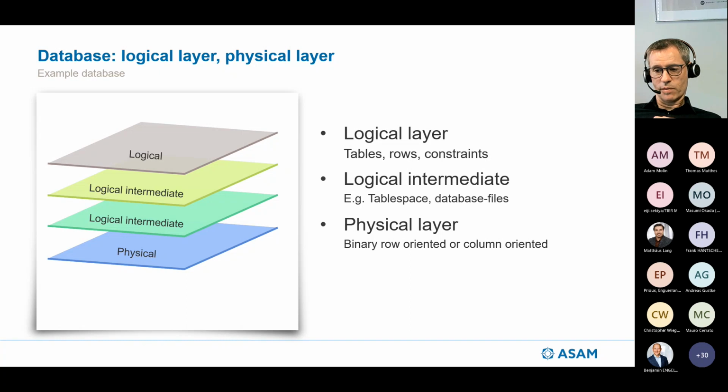And right at the end, you have the physical level, where in a database you store your information in a binary row-oriented or column-oriented manner, or probably with some redundancies, depending on whether it's a data warehouse or an OLTP, online transaction, database.